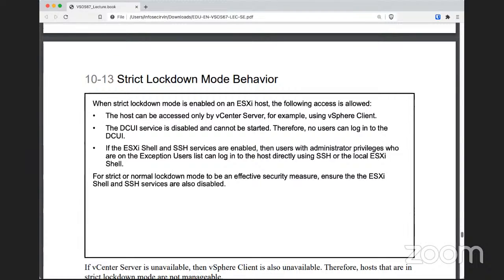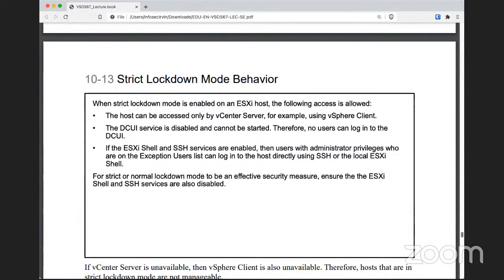Now, if you lose vCenter for whatever reason, and you have this enabled, now you have an interesting problem. Not only can you not get through vCenter because vCenter itself is down, you also cannot access the physical ESXi because strict lockdown is enabled.